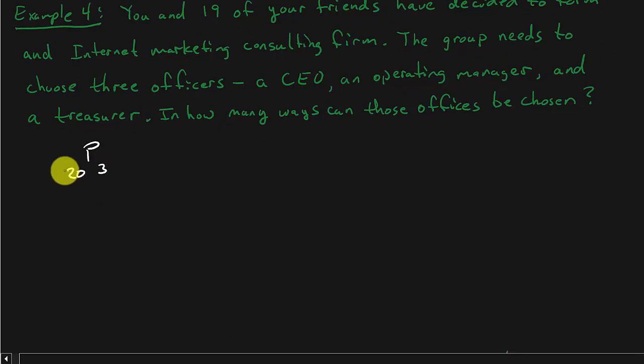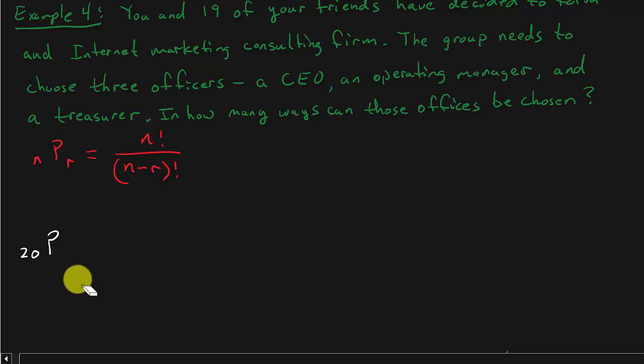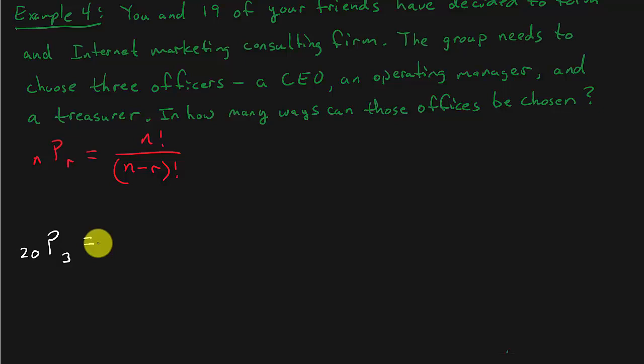That's n items, choose r of them. So I've got 20 people, and I've got to choose 3. Now, let me write that formula down. That's n factorial over n minus r factorial, and I have 20P3.